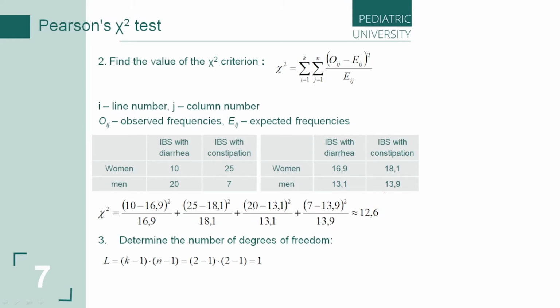The number of degrees of freedom is calculated using this formula: (K minus 1) multiplied by (n minus 1). In our example, K is 2 minus 1 and n is 2 minus 1, so the answer will be 1 degree of freedom.